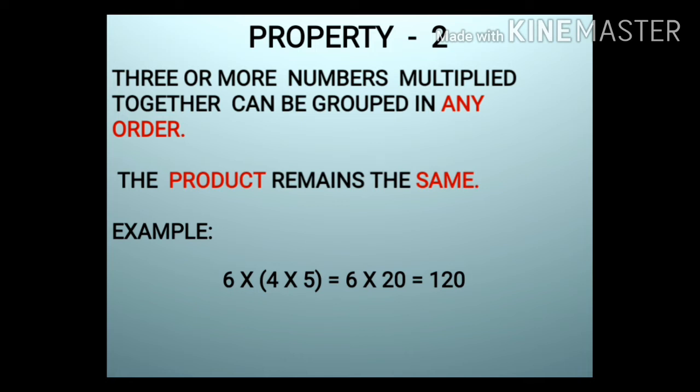Now let us change the order of the groupings. First, the numbers 6 and 4 are grouped together and multiplied. So 6 into 4 is equal to 24. And when it is multiplied with 5, you get the answer as 120. We can see that in both cases, the product remains the same.